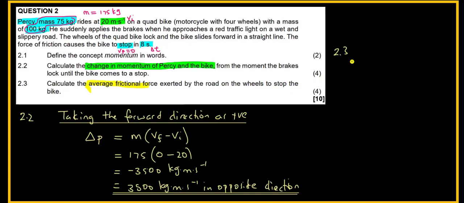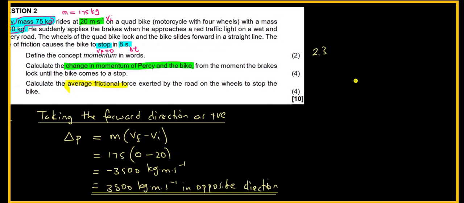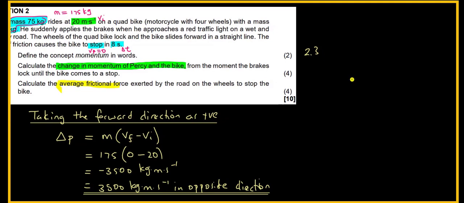Remember, we say that for the momentum of an object to change, we need a net force. So in this particular case, he is just sliding on a road and frictional force is acting on him. It means that that particular force is actually the net force that causes his momentum to change. So the question is asking for the net force acting on him, right?